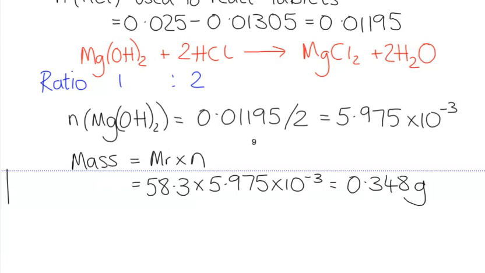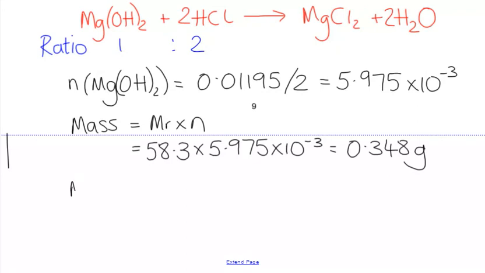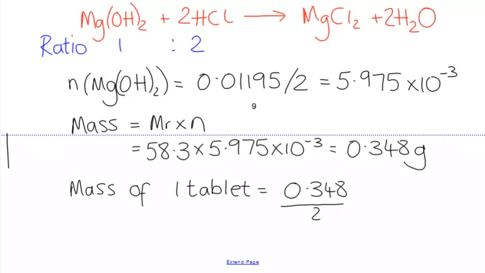That's in 2 tablets. So the mass of 1 tablet equals half of that, which is 0.174 grams. But the question did ask for it in milligrams. So just to keep us on our toes, we need to convert that into milligrams. Each tablet contains 174 milligrams of magnesium hydroxide.